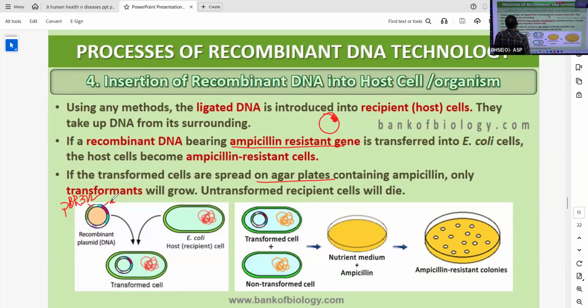Understood? So if the transformed cells are spread on agar plates containing ampicillin, only transformants will grow.